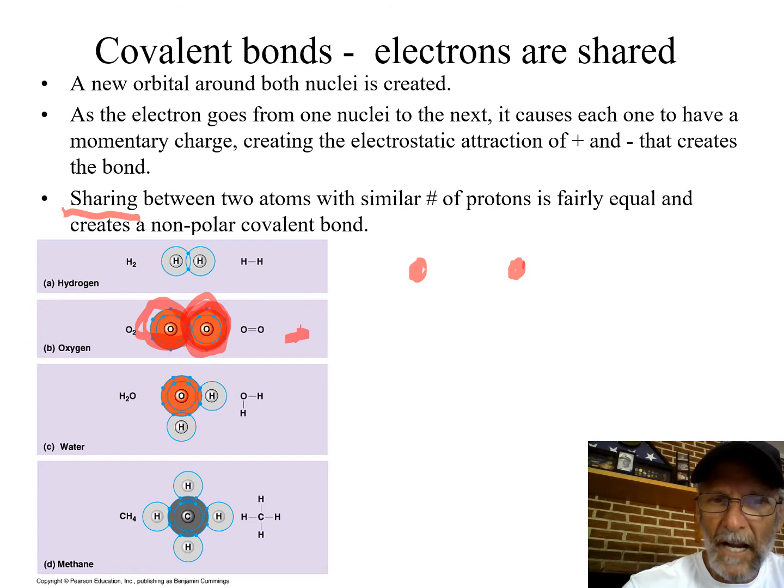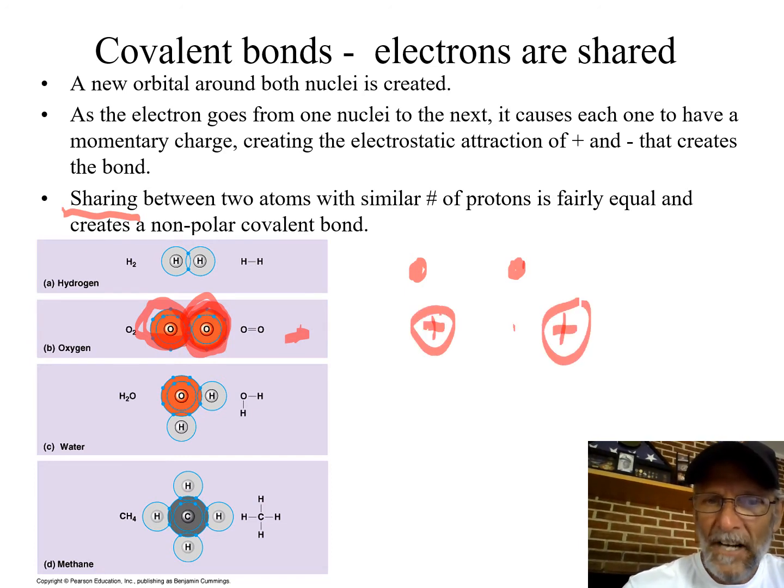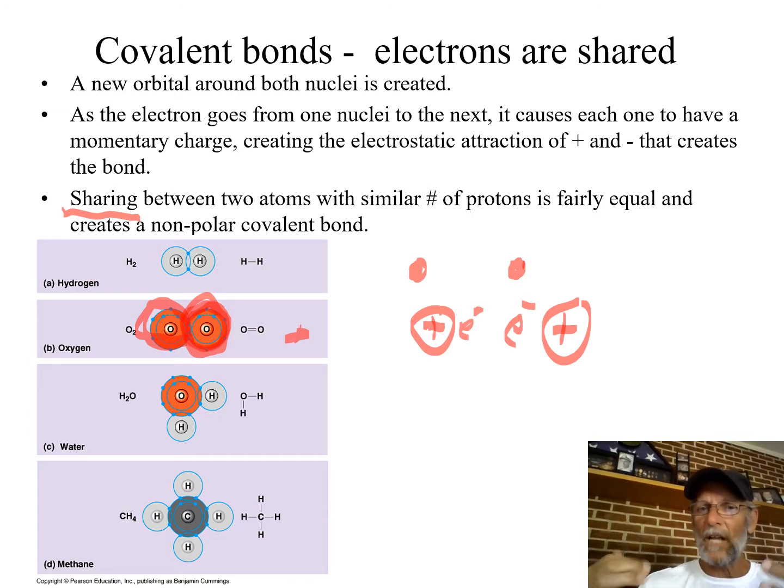So hydrogens have just 1 proton in their nucleus, and then they each have 1 electron. And they would like to have 2, because that would make that inner shell full. But if 2 hydrogens bump into each other, again, a transfer of electrons would leave one of them unstable, unhappy, so to speak. But if they both shared, then they could both have 2 electrons, at least for a little while.